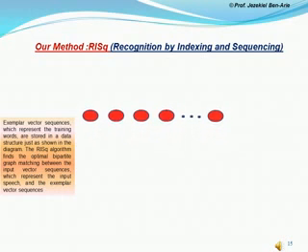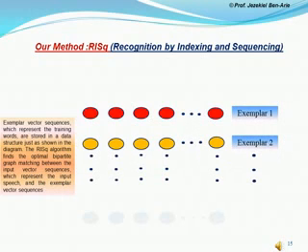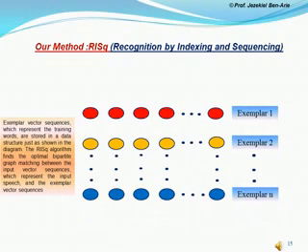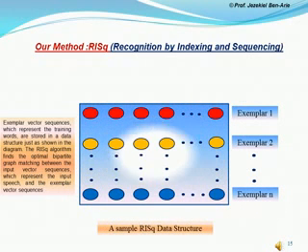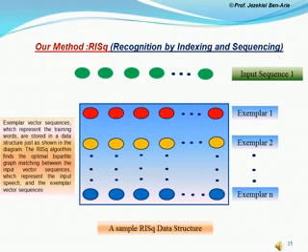Exemplar vector sequences, which represent the training words, are stored in a data structure just as shown in the diagram. The RISC algorithm finds the optimal bipartite graph matching between the input vector sequences, which represent the input speech, and the exemplar vector sequences.